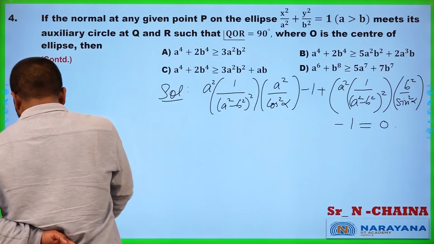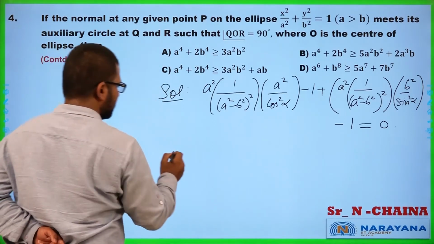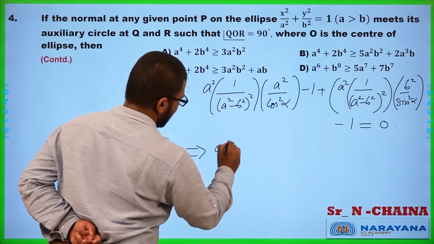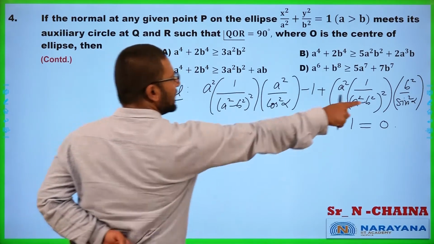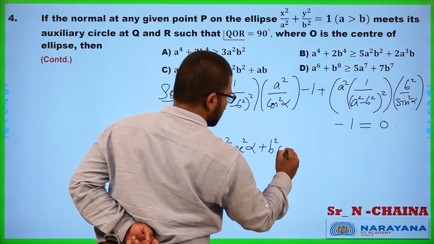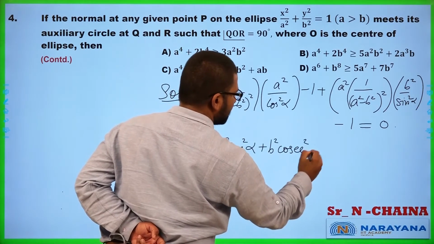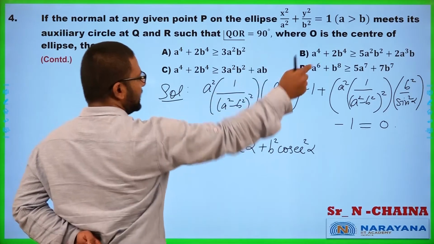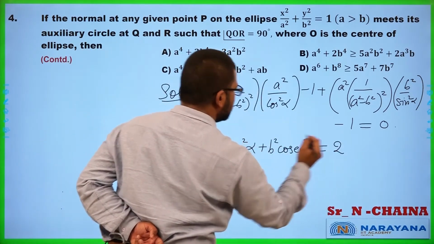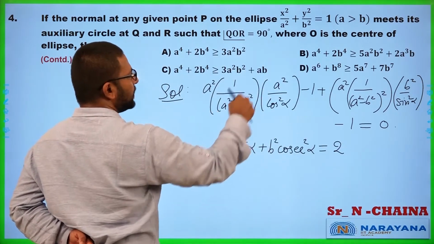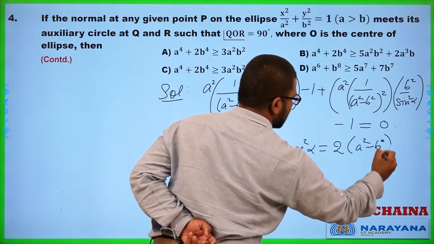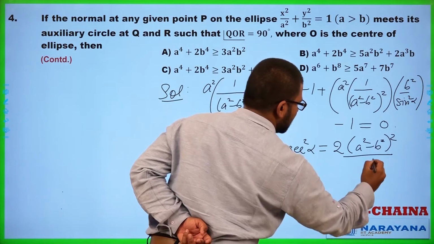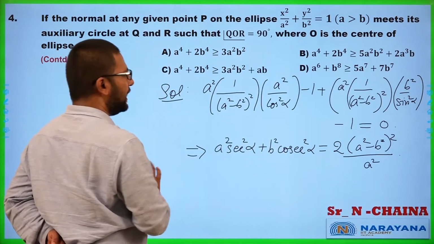Let us write a square by cos square alpha as a square sec square alpha, and then over here we will have b square cosec square alpha, right, on that side equal to 2 times a square minus b square, the whole square goes up, divided by a square. Alright.